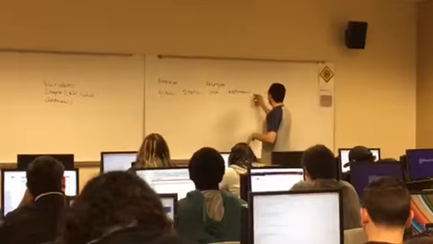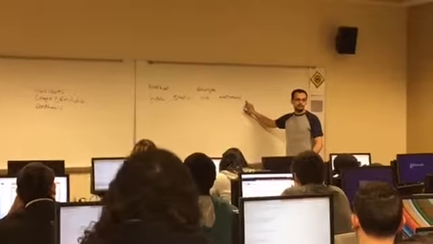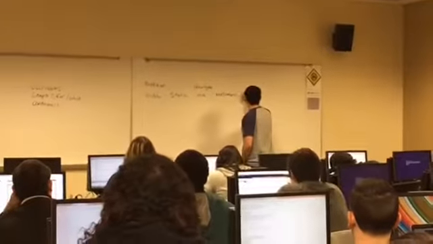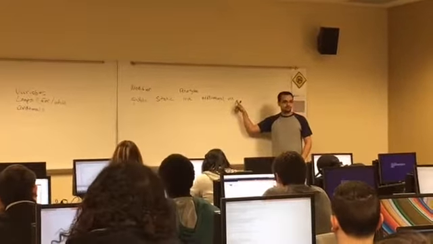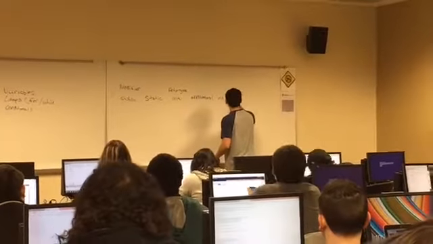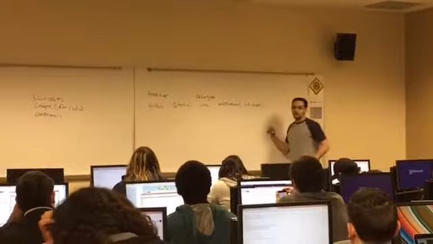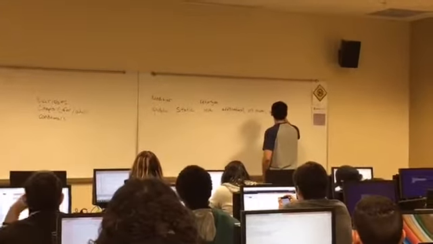So if we're taking in an integer, what should we put here? Integer. Okay, so int. What do we call this variable? What should we name it? num1? You can do that. And then we want another one, right? So what do we call it? num2.